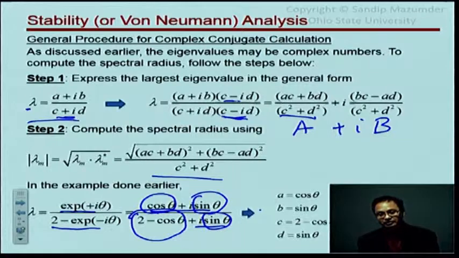That corresponds to m equal to 1 in the Fourier series, and therefore we always focus on that. We find the eigenvalue corresponding to that, and if that's less than 1, then that's good news. Otherwise, we are in trouble. I'll show you a lot of examples down the road in the next class and the one after.